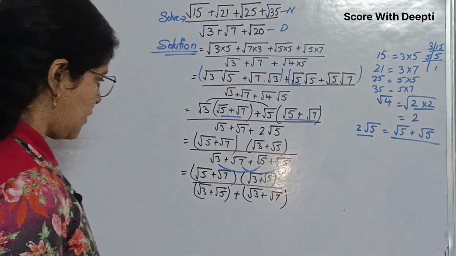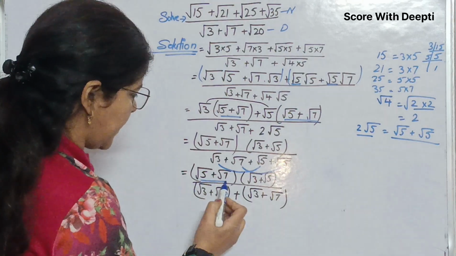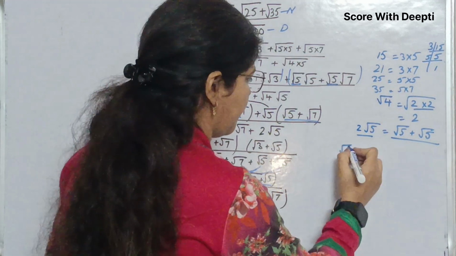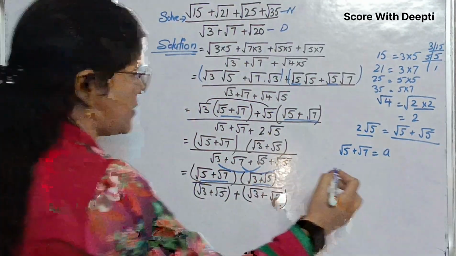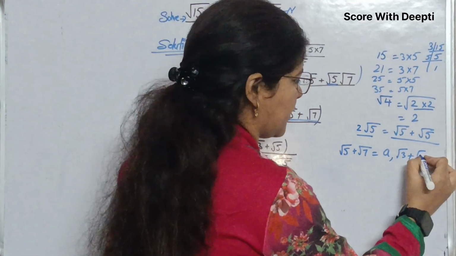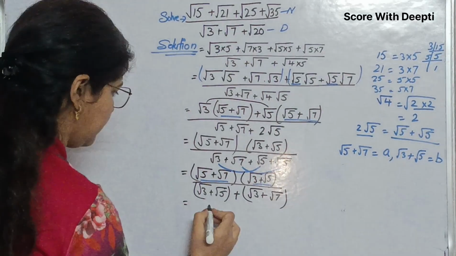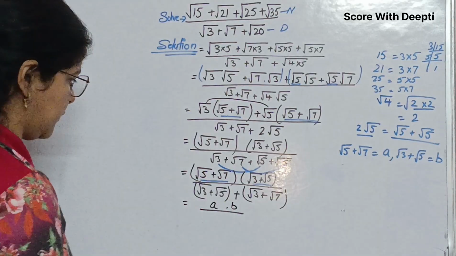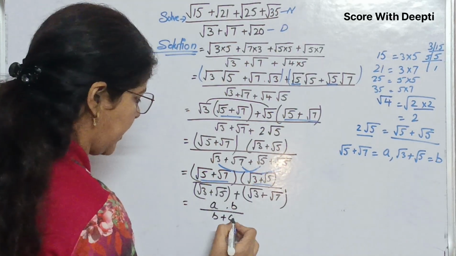Next, we take this term as a and this term as b. We take square root 5 plus square root 7 equal to a, and square root 3 plus square root 5 equal to b. So here we write a into b over b plus a.